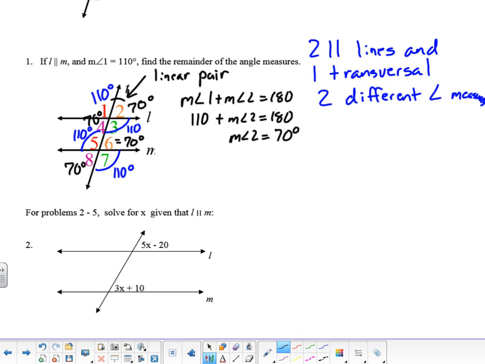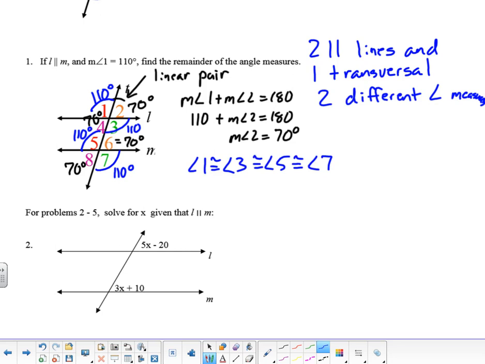So when you get a question like this where you need to find angle measures, start by finding the 4 congruent angles. In this case, it was 1, 3, 5, and 7. So we know that angle 1 is congruent to angle 3 is congruent to angle 5 is congruent to angle 7, okay?